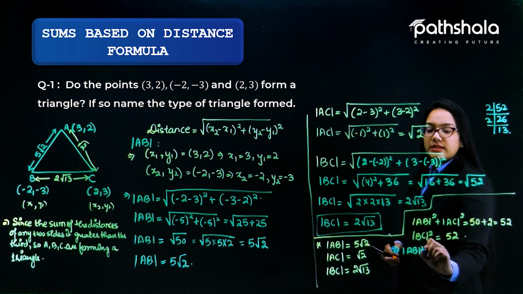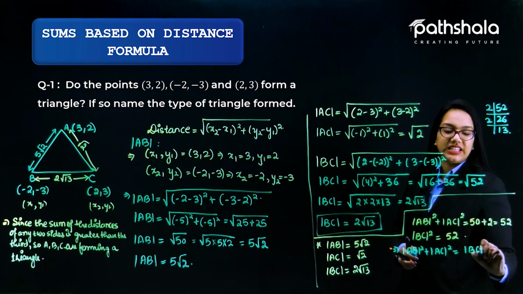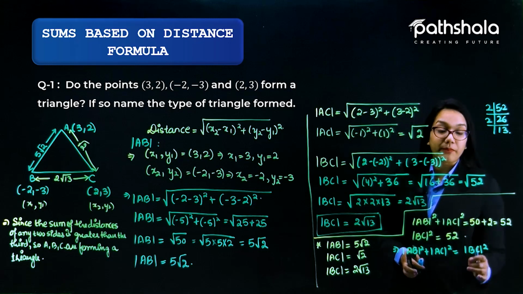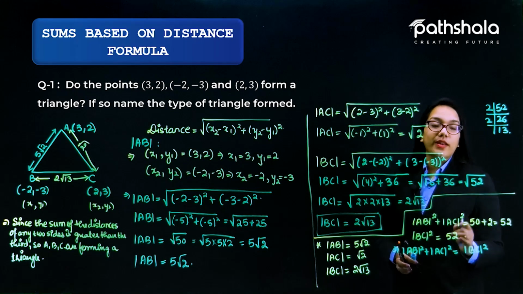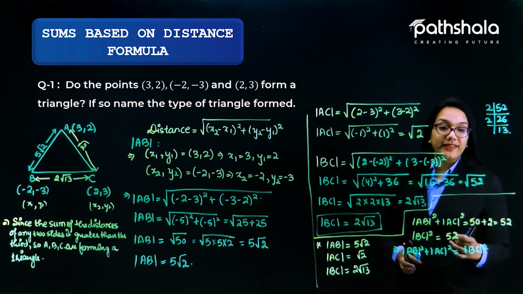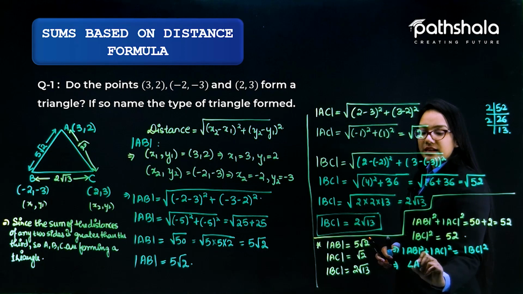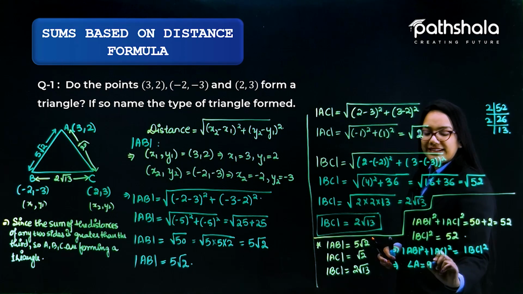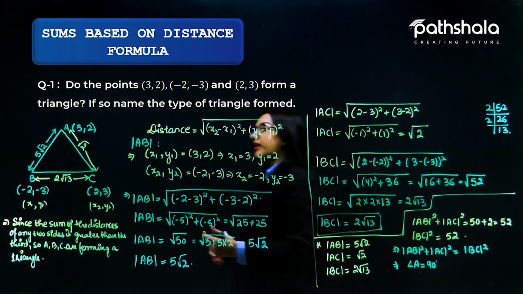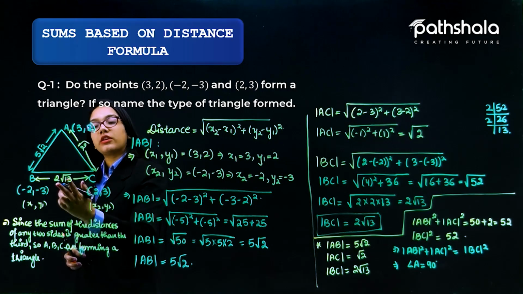Hence from this condition we can say that AB square plus AC square is equal to BC square, and this condition exists in the Pythagoras theorem. If hypotenuse square is equal to perpendicular square plus base square, by the converse of Pythagoras theorem we can say that the angle A is equal to 90 degrees, because the sum of this square plus this square comes out to be this square.